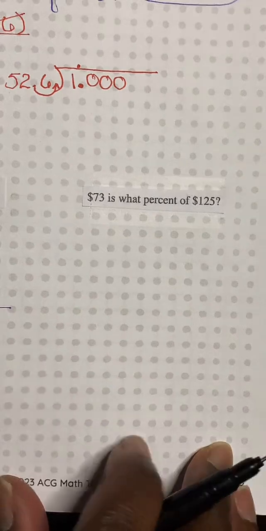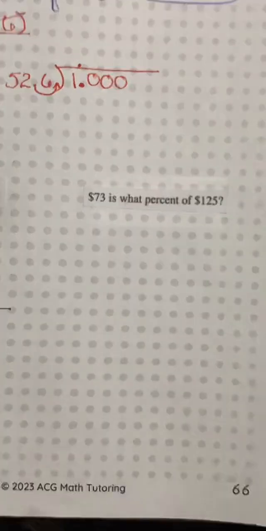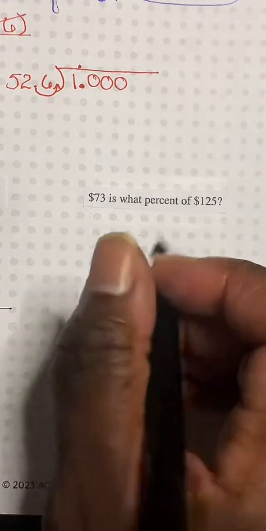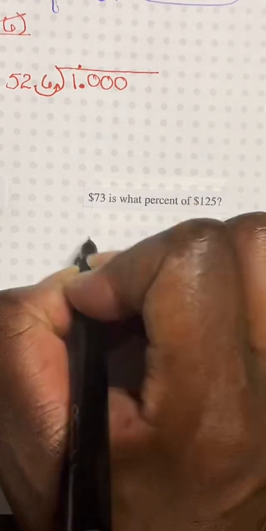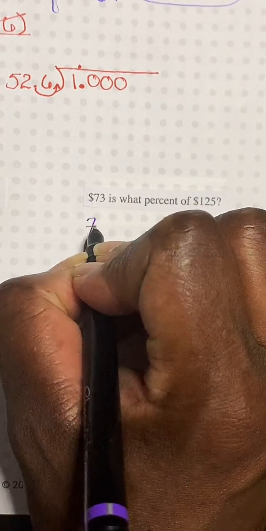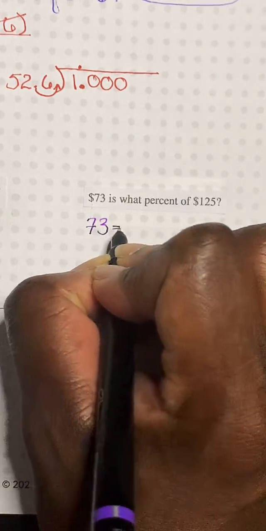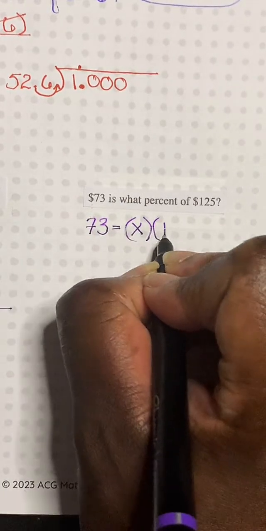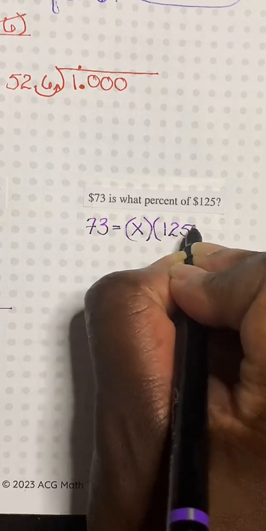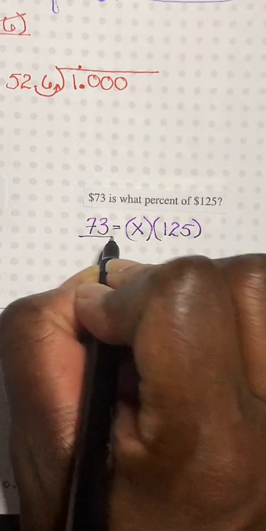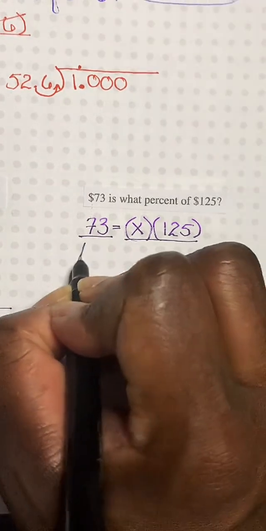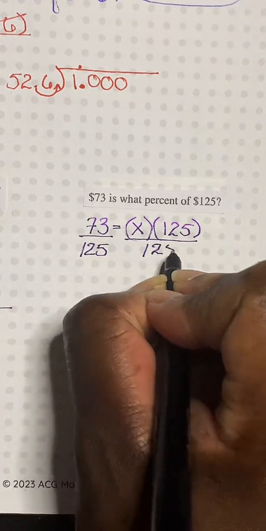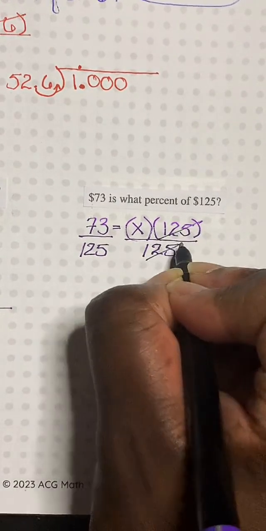All right. Let's set it up. There we go. So we're saying 73 is what percent of, which means multiplication, 125. If I divide both sides by 125, the reason for the 125 is that we want to get X by itself.